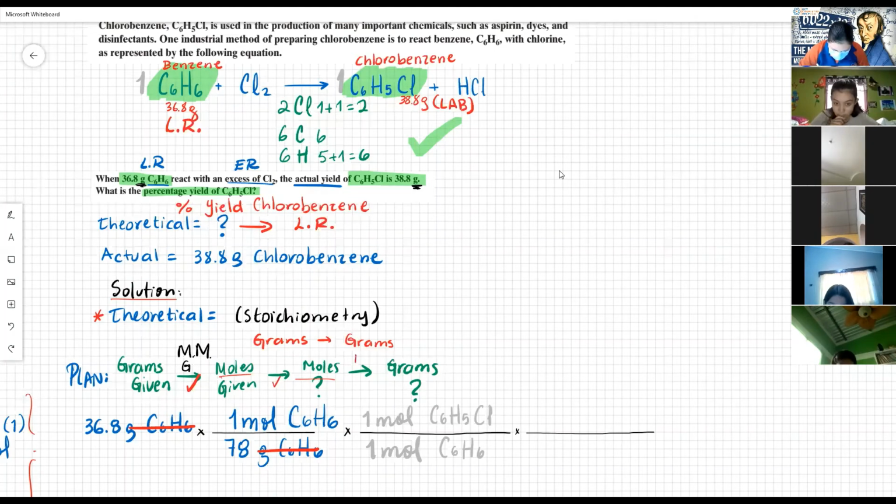So you need to use here the molar mass of the unknown substance. Your unknown substance is chlorobenzene. You write chlorobenzene in a way that you can cancel it, so you put 1 mole of chlorobenzene, and you calculate the molar mass.